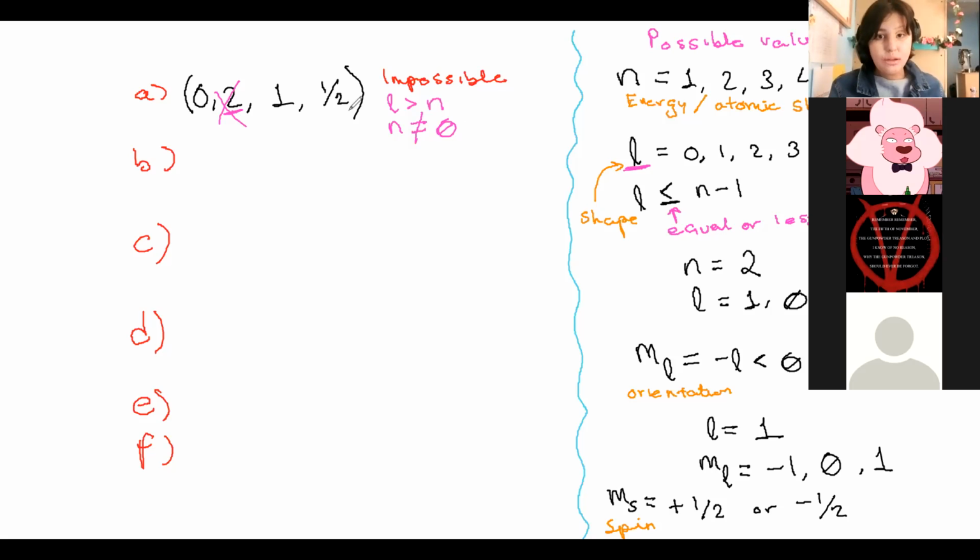What other reason do we have? If L is already impossible, then what does that leave m sub L? Is m sub L possible?